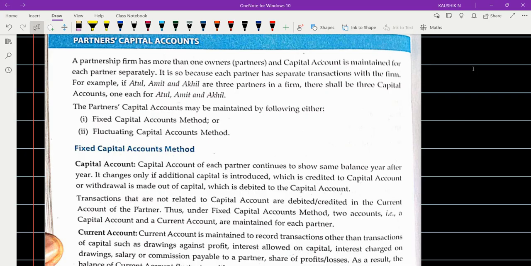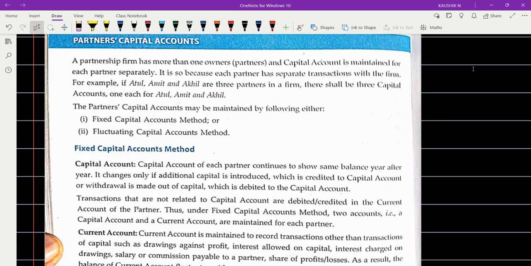At the same time, for calculating the interest on capital, there are some procedures to be followed. There are some checklists which you have to understand. Only then does the calculation become smooth and easier. So only after having a thorough knowledge of interest on capital and interest on drawings, it is advisable to go with partners' capital account problems.